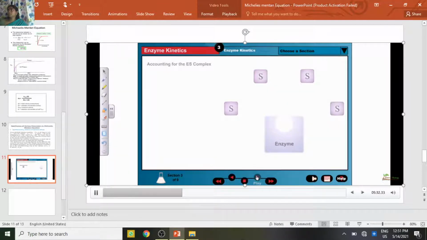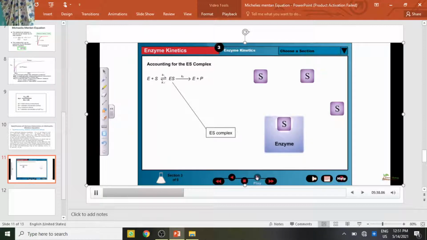To account for this kinetic behavior caused by the substrate's interaction with enzyme, the model for an enzyme-catalyzed reaction must include an enzyme-substrate complex, or ES complex. The reaction scheme is shown here.